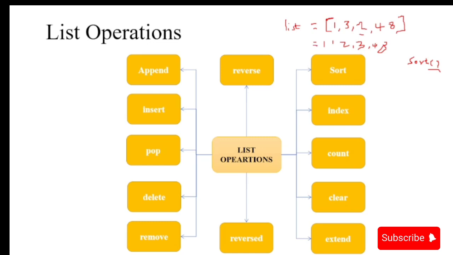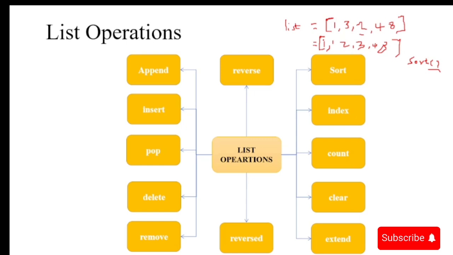I will use the count method and specify the value I want, the number of times it appears in this list. The count method will return 2 for the case of 1. I have 1 occurring 2 times, so it counts the number of times my value 1 occurs in my list.